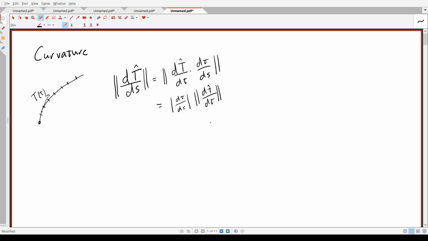And this I can write as 1 over ds/dt. And the derivative of the unit tangent vector, you guys should recognize that as the normal vector.